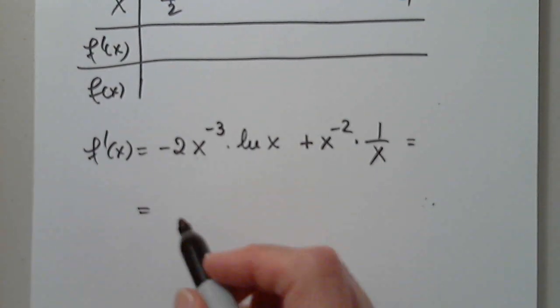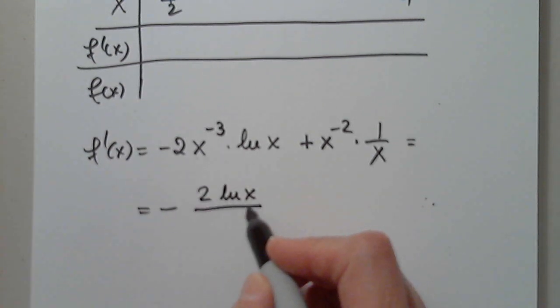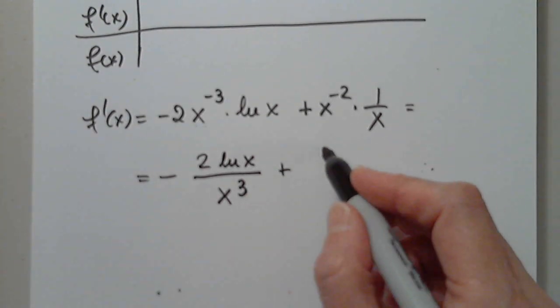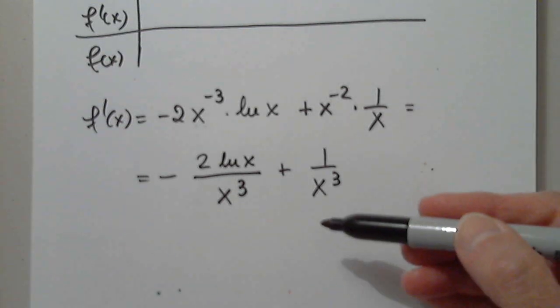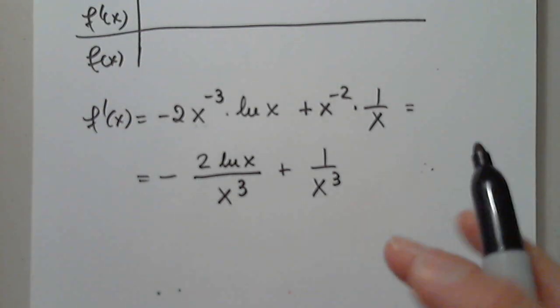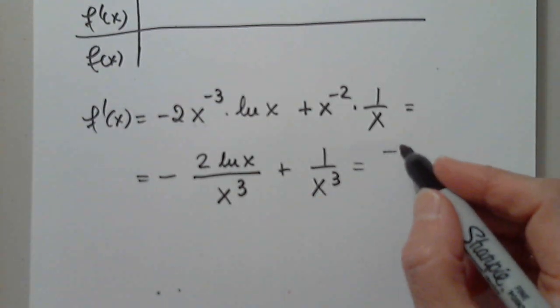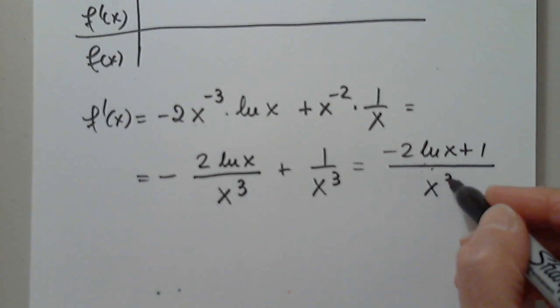I have to go back to basics. So -2 natural log x over x cubed plus 1/x cubed, because I bring this down, 1/x squared times 1/x is 1/x cubed. Nice. Same denominator. I love it. So I'm going to write -2 natural log x plus 1 over x to the third.